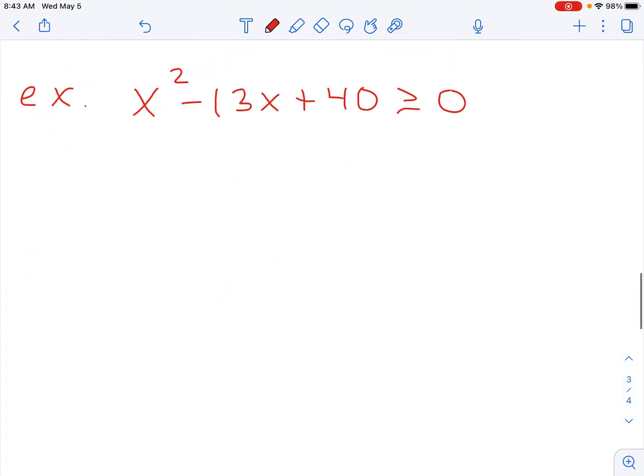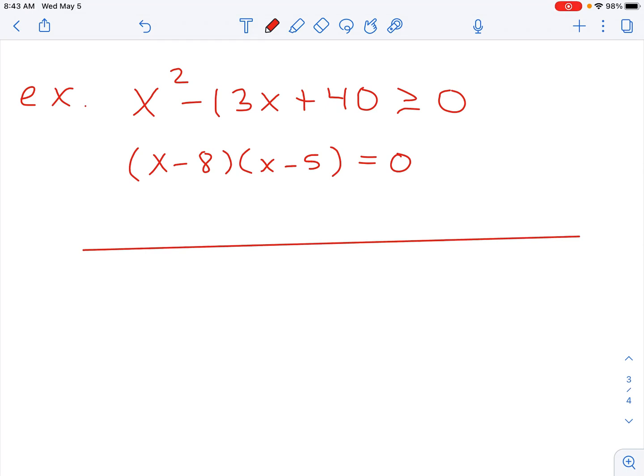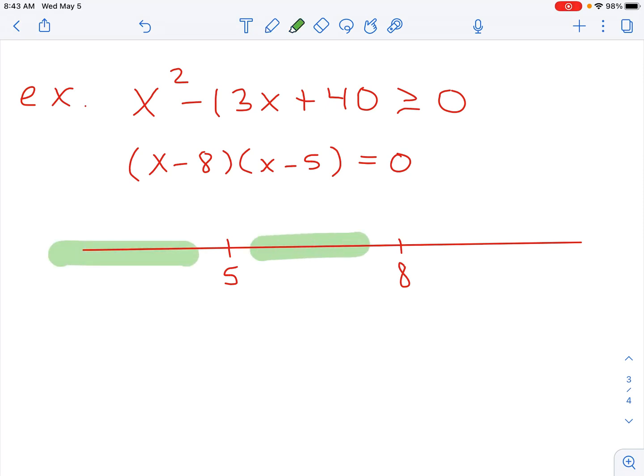If it doesn't factor, I could use the quadratic formula, but it looks like this is going to factor into x minus 8 times x minus 5. And I'm writing this as an equation just because I'm trying to find my boundary points. So now my boundary points are 5 and 8. And I need to test the 3 regions, here, here, and here.